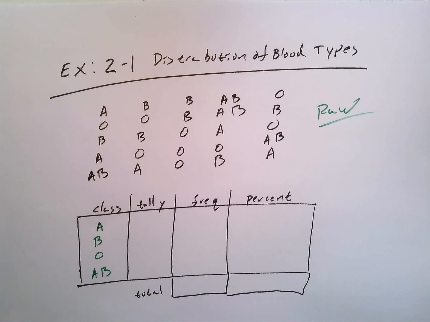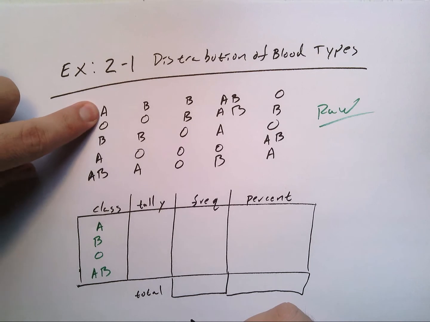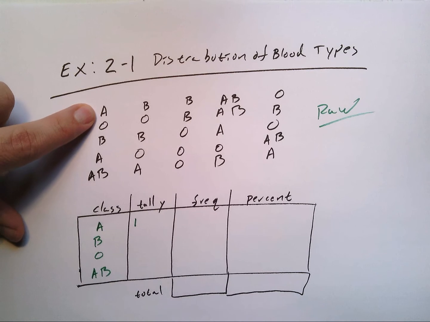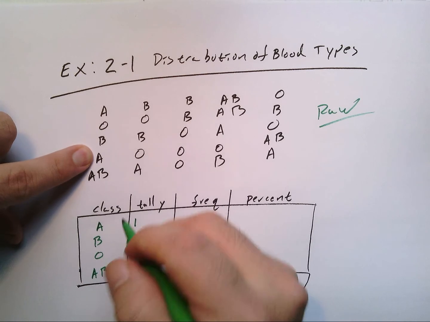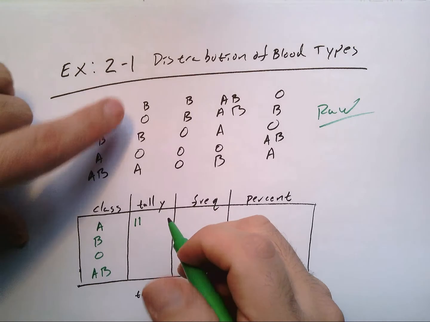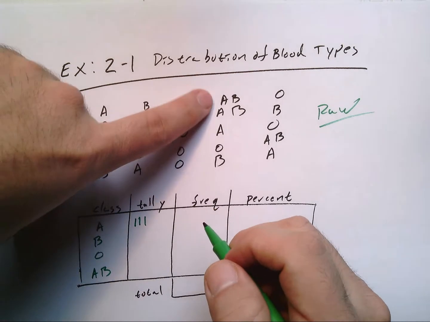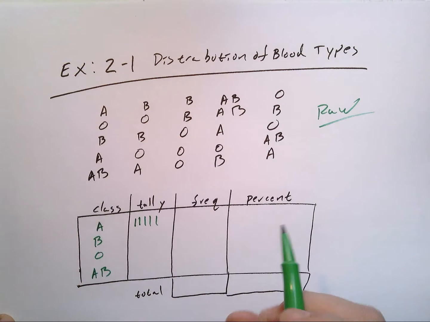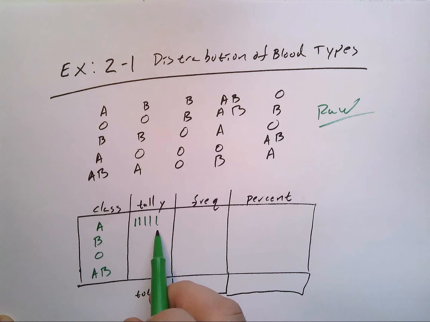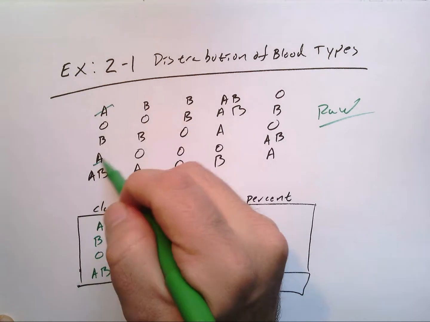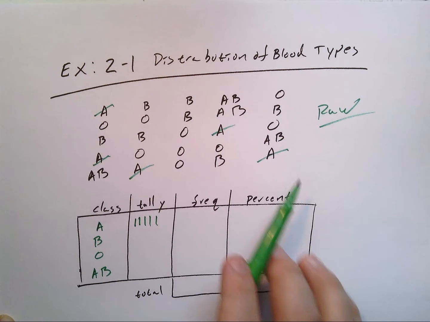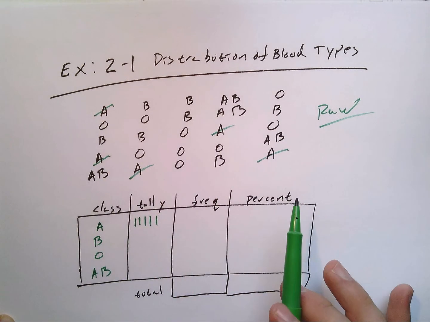Looking here, I have an A in my first column, first row, so I make a little tally mark under tally. I then go down my column until I reach another one. Here's the second one, the third one, the fourth one, and the fifth one. So I have 5 tally marks from all the A's. 1, 2, 3, 4, 5. Now I went ahead and lined them out so I can keep track that I've already counted those.